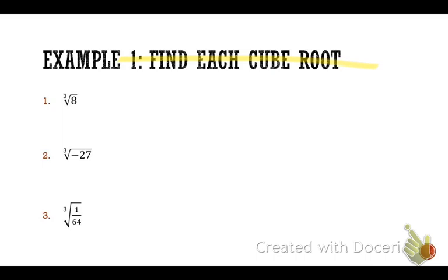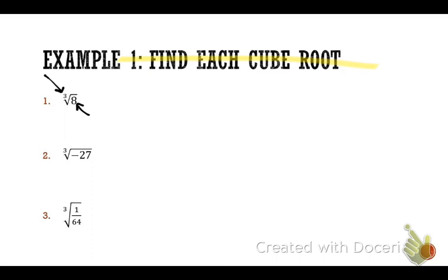So at number 1, you see the cubed root of 8. Everybody see that? So what does that mean? That means this number right here means I have to multiply some number by itself 3 times to equal the number underneath the cubed root symbol.